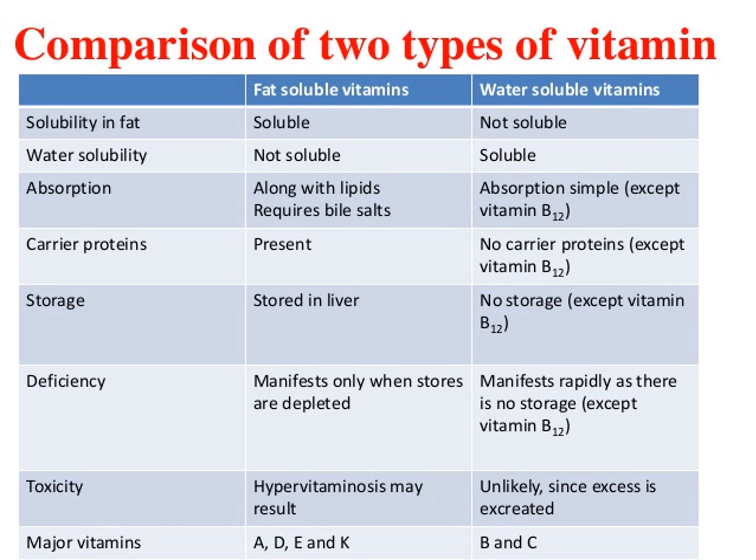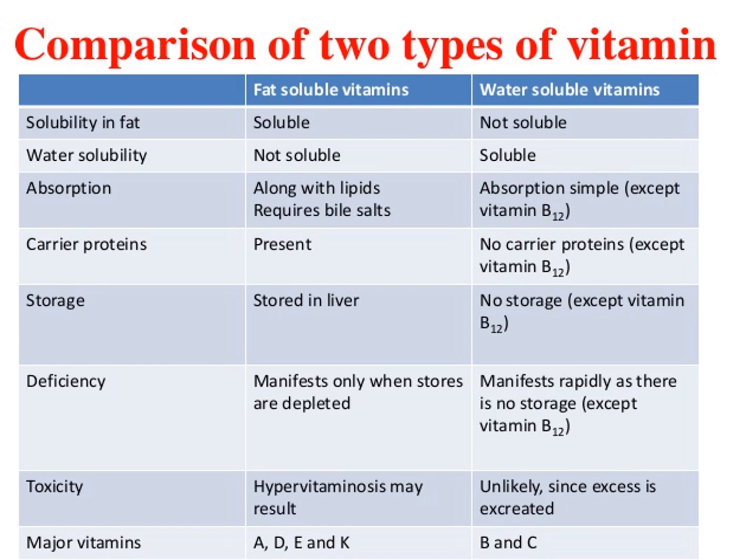So here's just a comparison table between our fat-soluble and water-soluble vitamins. It's a little bit of a breakdown to show you the differences between them. And obviously some of the big differences are the fat versus water solubility, as well as the absorption of those vitamins.